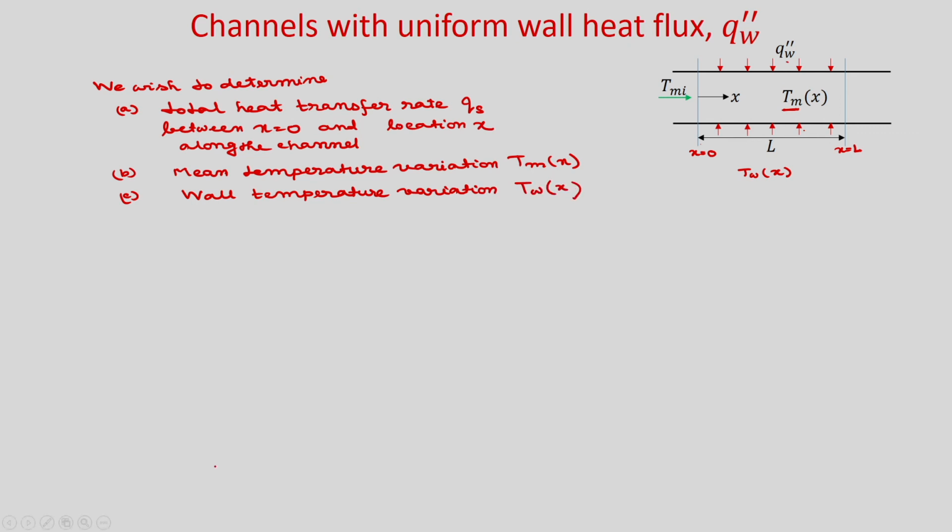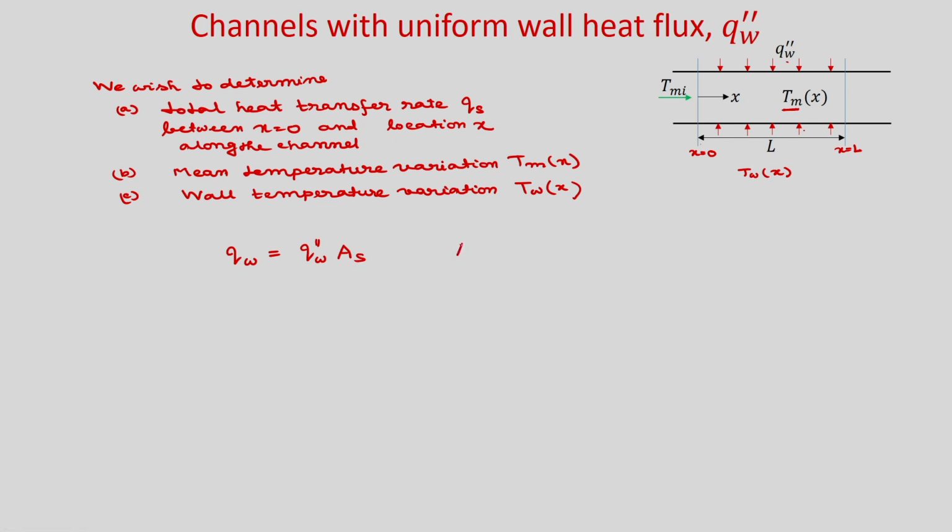In this particular thermal condition, as heat flux is uniform, we can calculate the total heat transfer rate from the wall to the fluid. The total heat transfer rate Qs will be just whatever heat flux you have given, q double prime w, times the heat transfer area As.